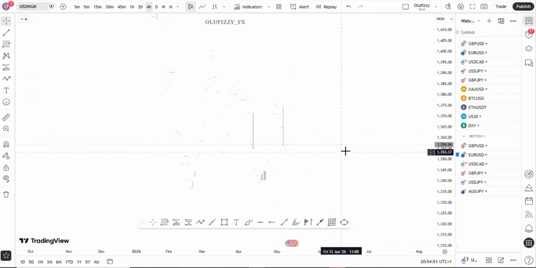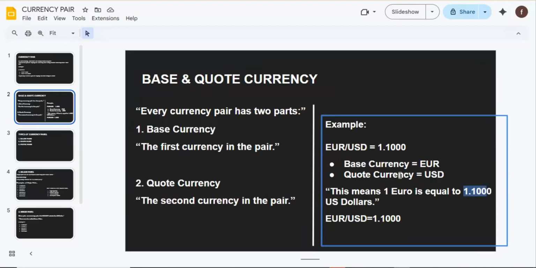So that means $1 is equal to 1,356 Naira. For you to get $1, you will need 1,356 Naira. So they always use the quoted price for every currency pair. For you to get one base currency, you will need the quote price.